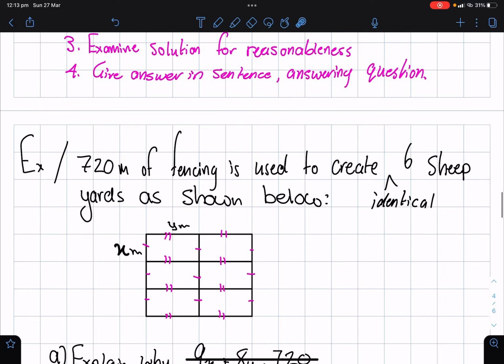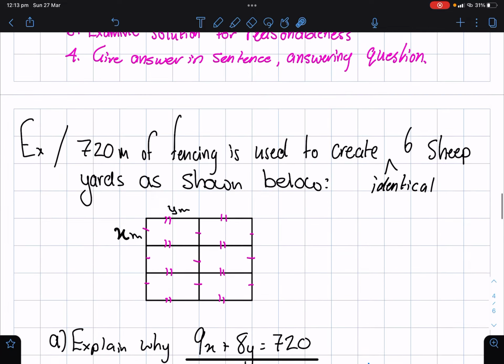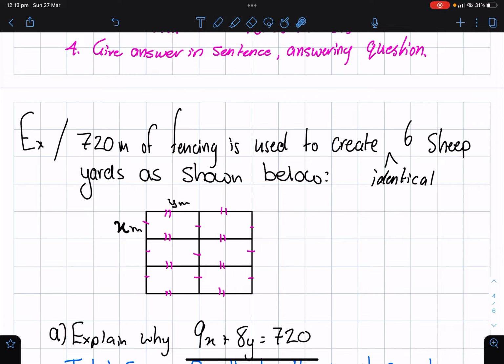Because they're identical, we can say that all of these lengths without a line through them are x, and all these lengths with 2 lines through them are y. Question A: explain why 9x plus 8y equals 720. As soon as you read the word explain, you should be looking to explain that in words.